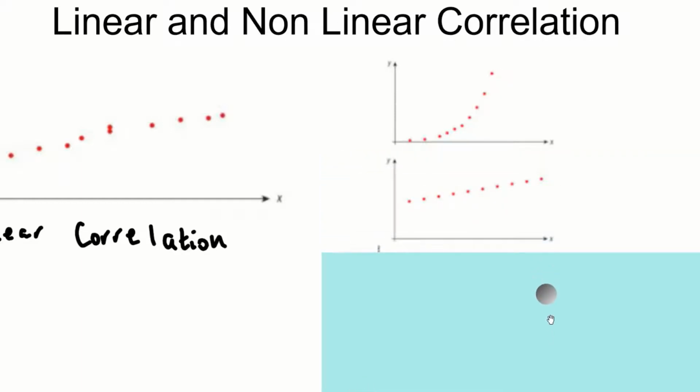Here we have an example of a linear correlation, and this is a perfect linear correlation. This is perfect. And you can see the difference between that and our just linear correlation in that this looks like an exact straight line.